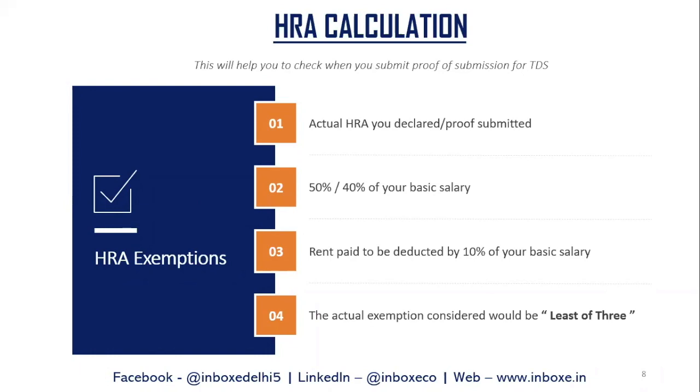Suppose the first point is 50,000, the second point is 30,000, and the third point is 25,000. So the exemption you will get from your HRA from TDS deduction will be 25,000. The least one will be taken as the exemption. There will be no tax deduction for that exempted amount. For the rest of the amount, there will be deduction.